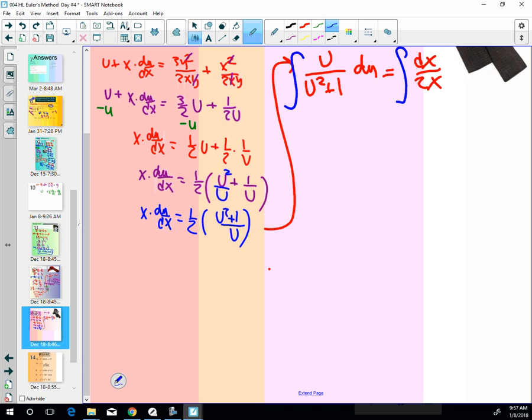What integration method are we going to use for this? Is it arctangent? No, not arctan. Yeah, it's a u sub. Let w be u squared plus 1, and dw is 2u du, which you have the u du, you just need the 2.